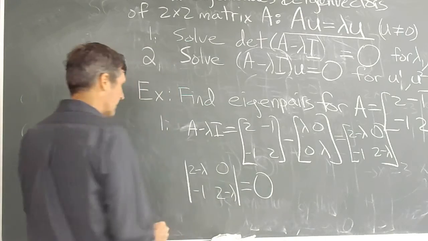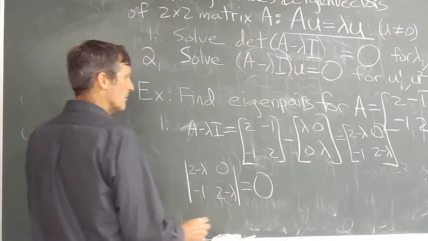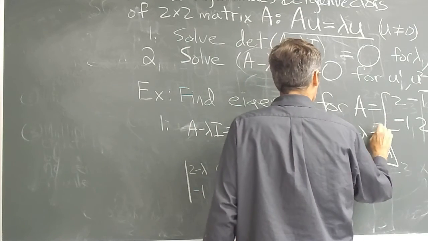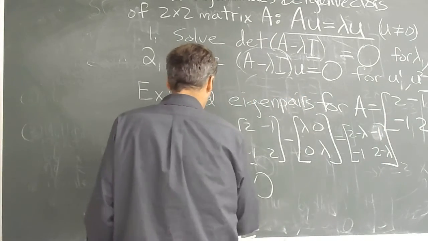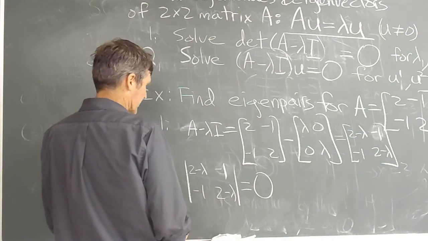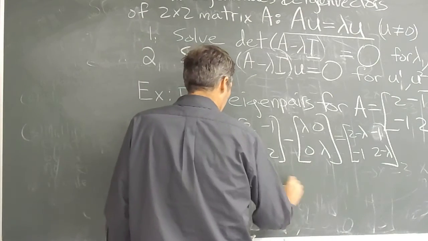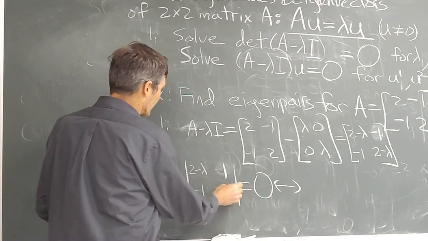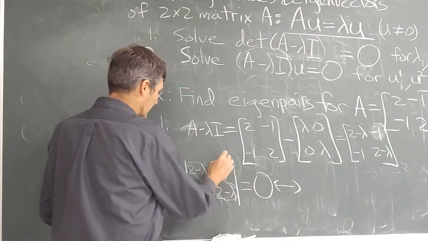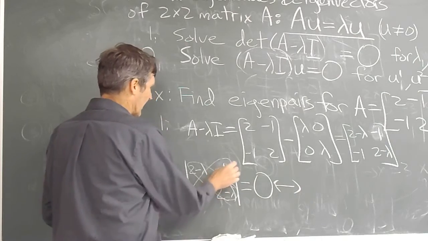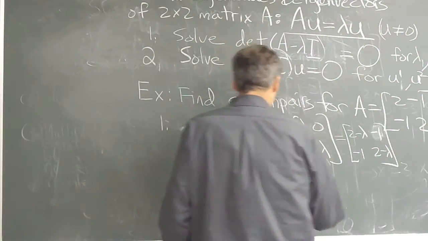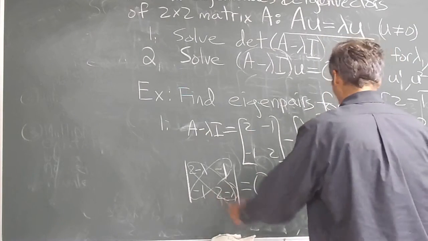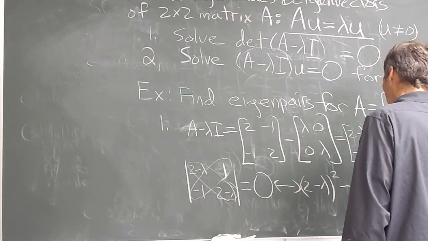So I'm claiming this is always a second degree polynomial equation. Remember, the determinant is this times this diagonal, minus this times this diagonal. So we'll take 2 minus lambda times 2 minus lambda, minus minus 1 times minus 1, equals 0.